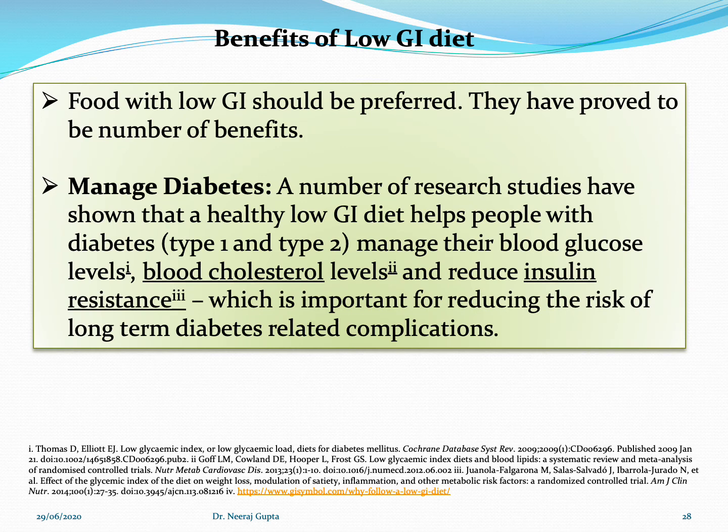Food with low GI should be preferred, for example, in the management of diabetes. A number of research studies have shown that a healthy low GI diet helps people with diabetes type 1 and 2 manage their blood glucose levels, blood cholesterol levels, and reduce insulin resistance, which is important for reducing the risk of long term diabetes related complications.